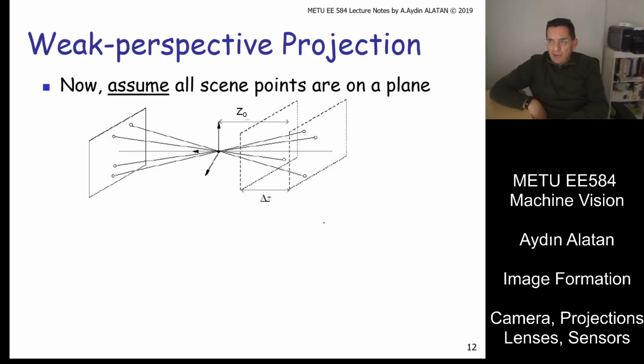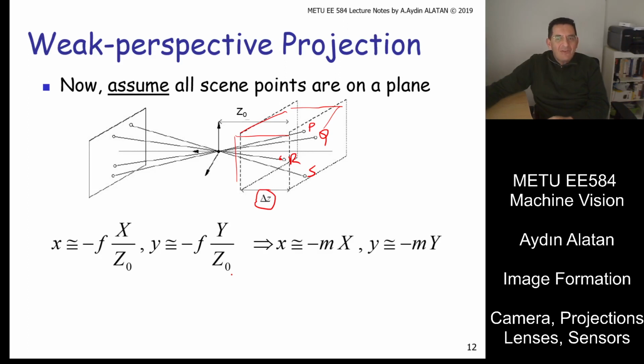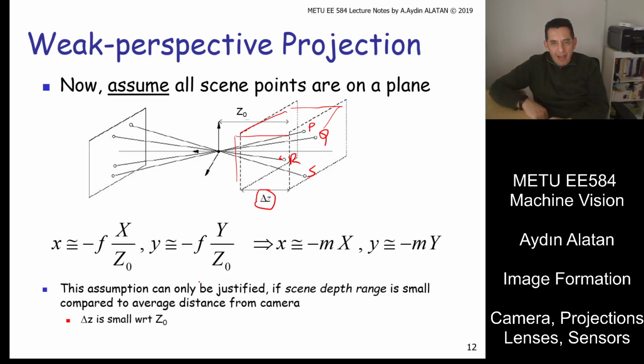Therefore, there could be a delta z, and all the points P, Q, R, S are inside this volume. All these points in the scene are inside here.